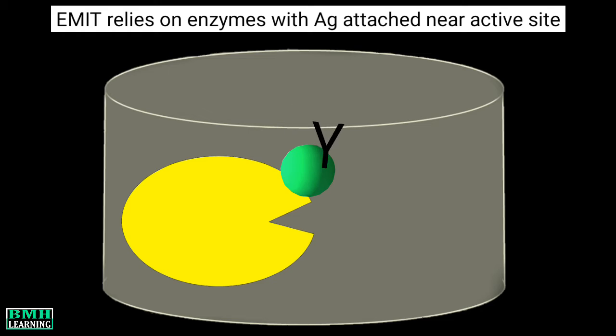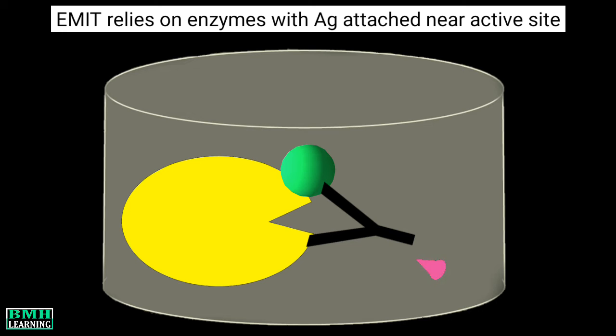What we are going to do next? We add antibodies against the antigen attached to the enzyme. So what's going to happen? The antibody will bind to the antigen, and that's what antibodies do. But here is something important to notice. Because we have attached the antigen near the active site of the enzyme, the antibody, when bound to the antigen, actually blocks the active site.